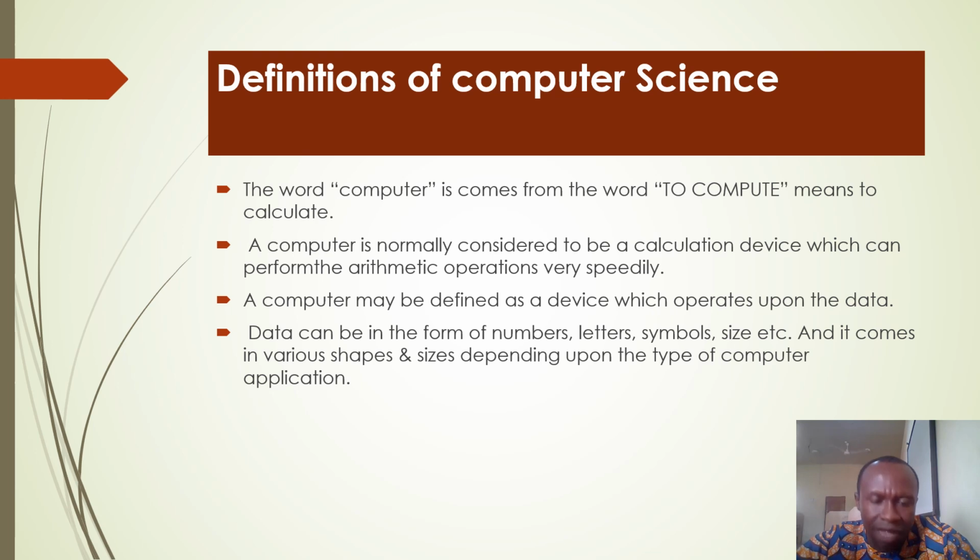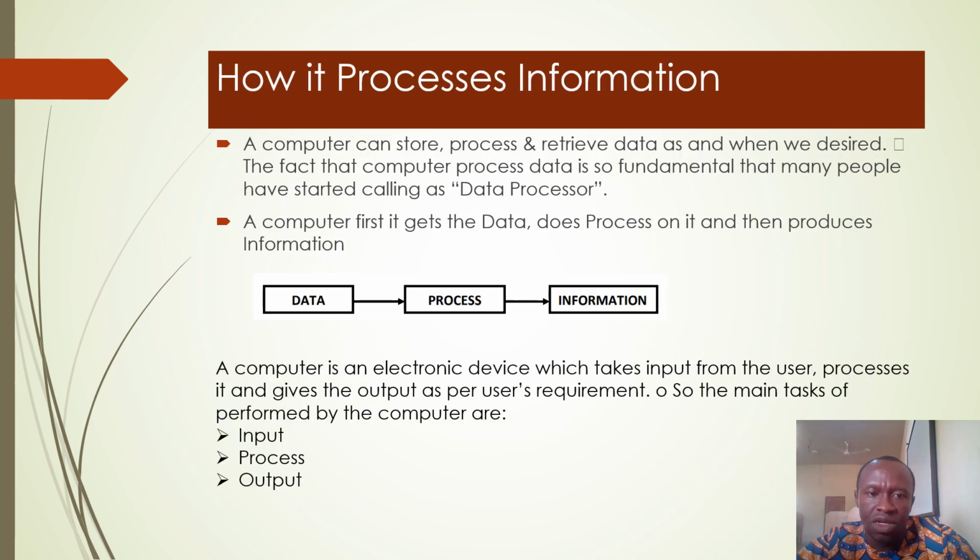Data, which is supposed to be our input, can be in the form of numbers, letters, symbols, sizes, etc. It comes in various shapes and sizes depending upon the type of computer application you are working on.